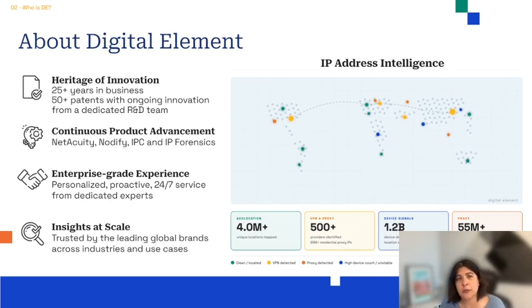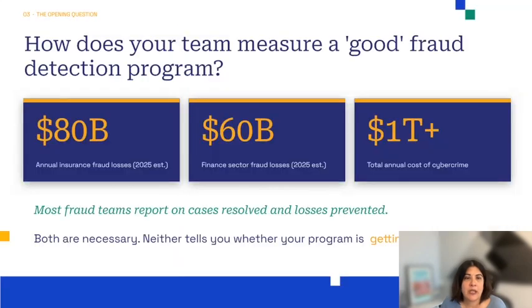So under the continuous product advancement section right there, you'll see IP forensics listed. That's our newest capability, and it's what today is all about. It's what I'll be talking through. It takes all of these signals that I just went through really quickly and makes them queryable historically at any point in time. So let's go ahead and get into it.